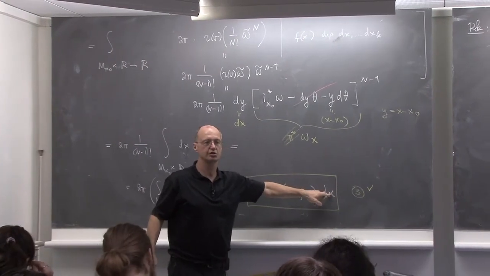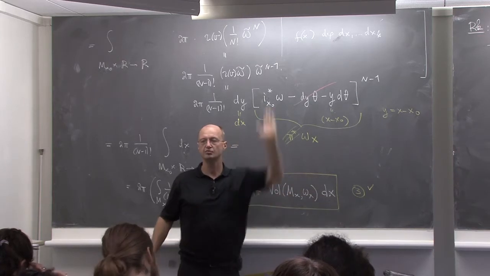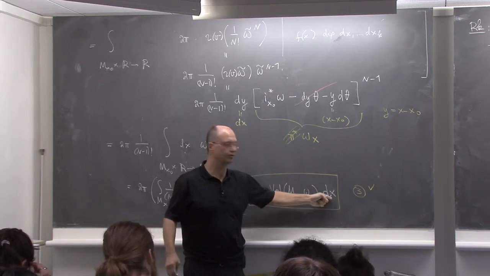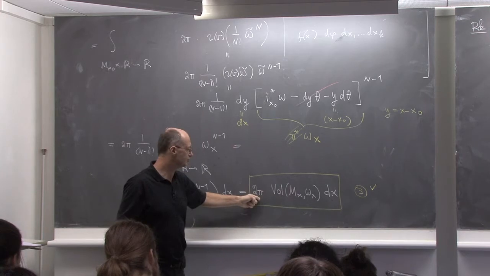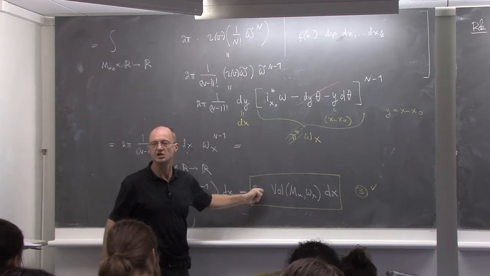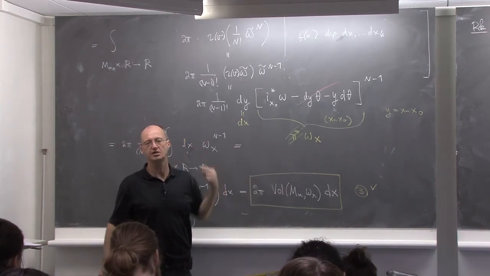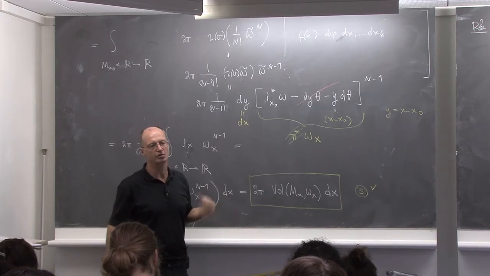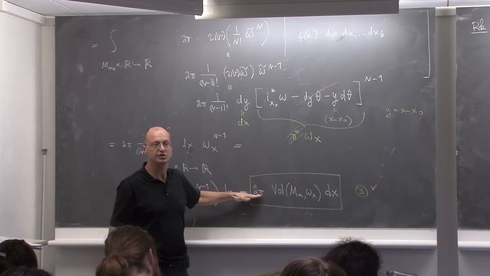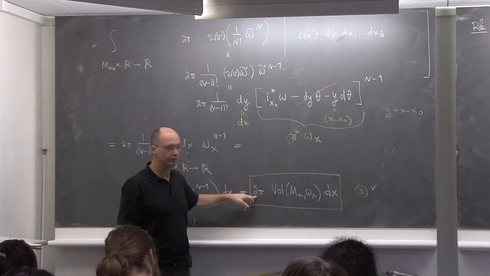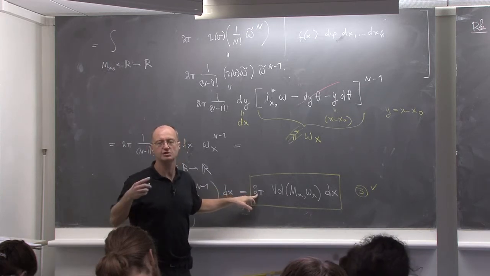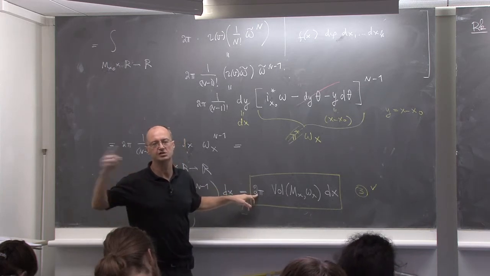So we've chosen the volume form on R, and then the corresponding volume form on S1, such that, remember, we were discussing whether the length of S1 is 2 pi or 1. So we've chosen here the volume form on S1, which was basically d phi, where phi is an angle.